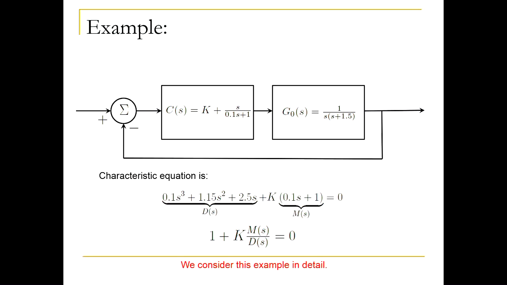If I cross multiply everything by d, I get d plus km, everything divided by d. And when k is small, d of s equal to 0 gives me the points on the root locus.